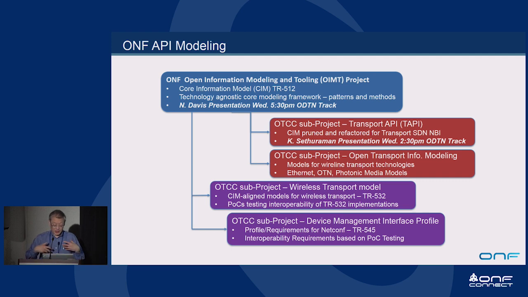Then there's various transport modeling efforts going on for things like OTN, photonic media, Ethernet, and so on in another subgroup. Then, as I said, there's this wireless transport group. All of these projects, the models are aligned back up to this core information model, but it's a bunch of extensions and augments for providing the details of a particular technology.